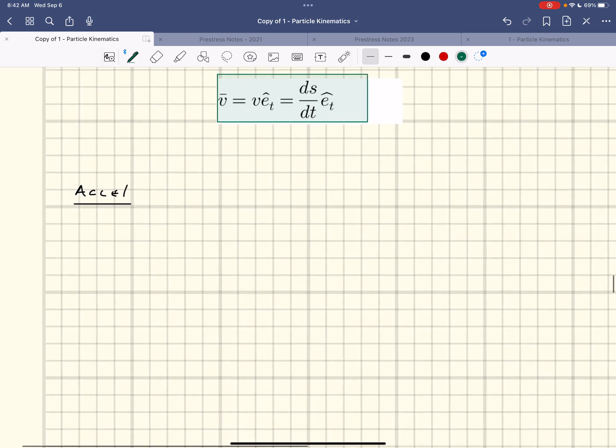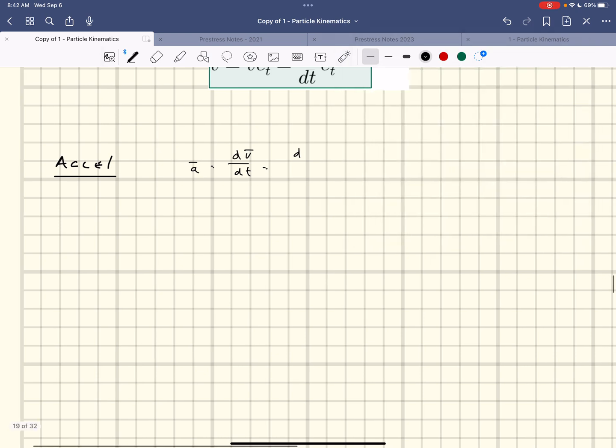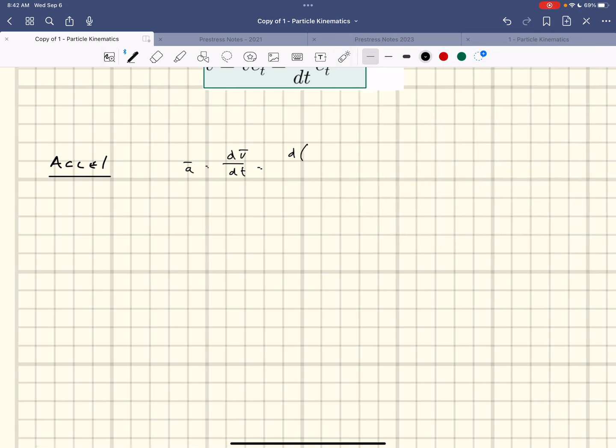All right, acceleration now. So we take the derivative of the velocity. And I've been hinting about this all along. This gets a little more complicated. Acceleration is dv dt. The velocity, we have to put the whole thing in there. It's going to be v in the ET direction. That is what velocity is. It's got both those things in there. So it's v times ET.